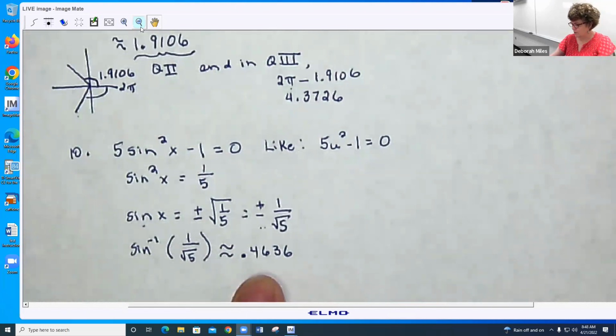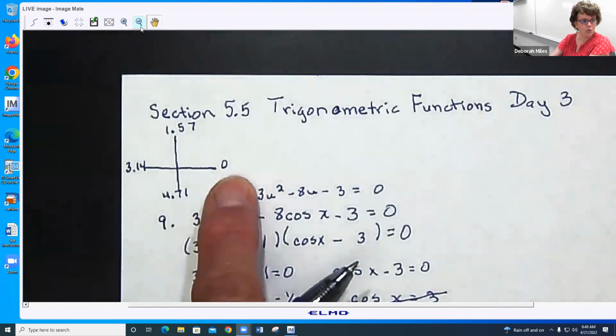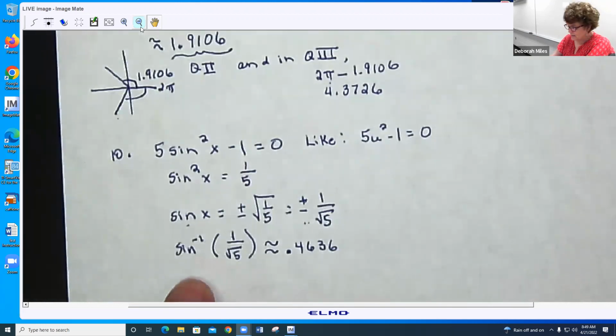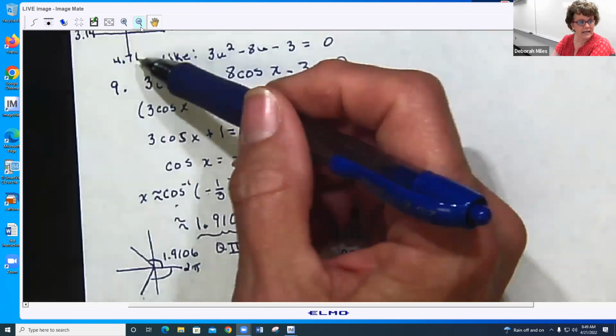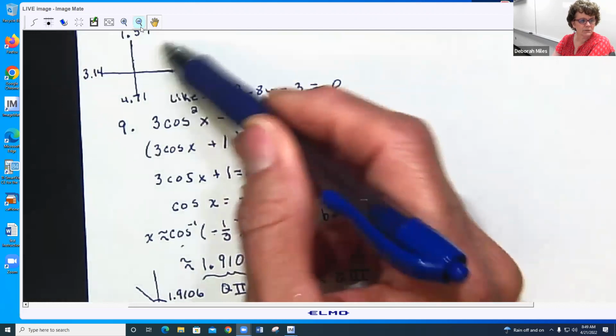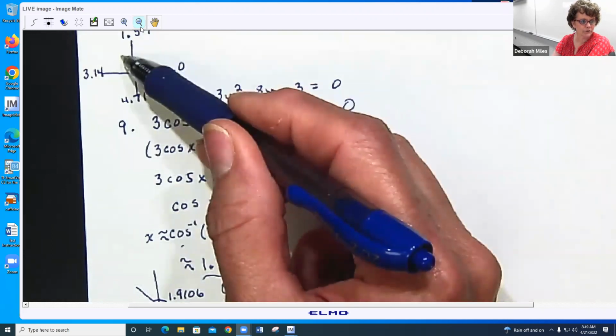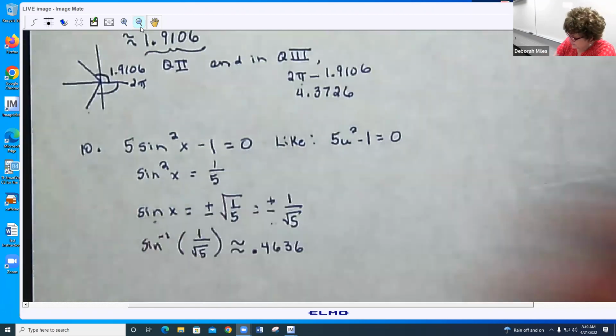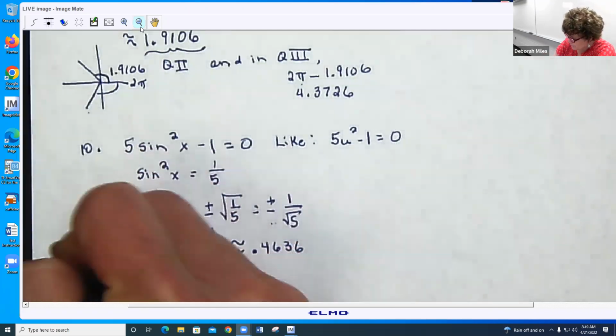I can confirm that that's in the first quadrant because it's between 0 and 1.57. And inverse sine always gives me an angle between negative pi over 2 and positive pi over 2. This is the one that's between 0 and pi over 2. So I have one of my answers. And it's somewhere in the first quadrant.